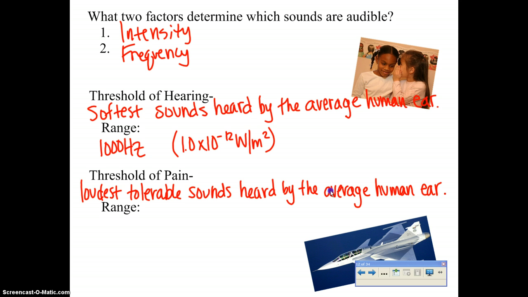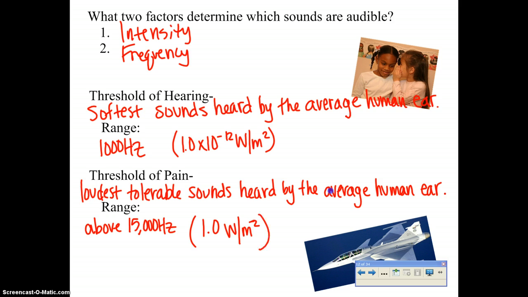That range is going to be above 15,000 hertz, which is going to give it an absolute sound intensity of 1.0 watts per meter squared.